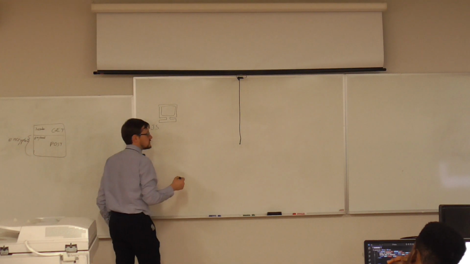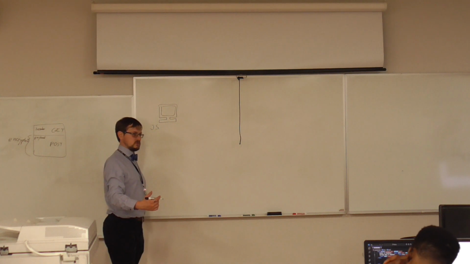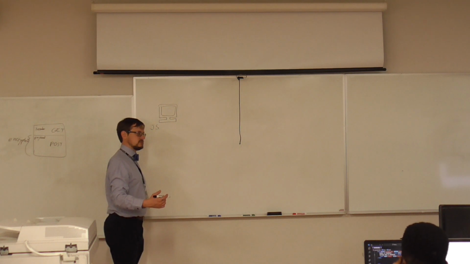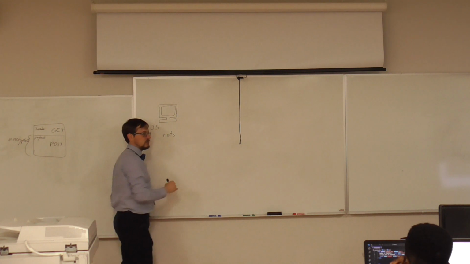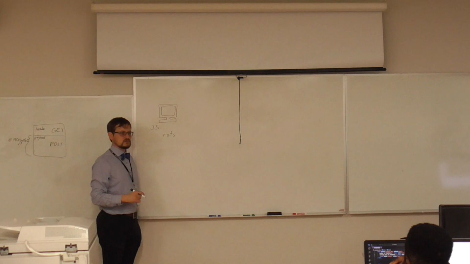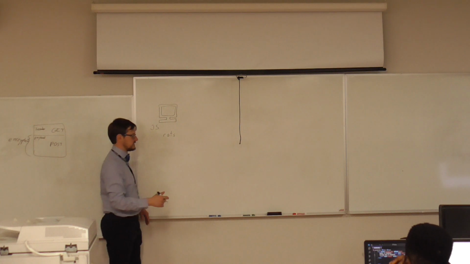Let's say in JavaScript you have a data structure, let's call it rats. An array of rats or a dictionary or some sort of JavaScript object describing a collection of rats, something like that.